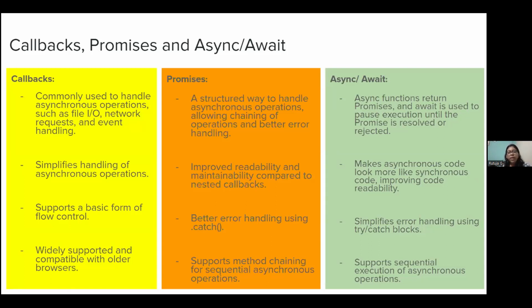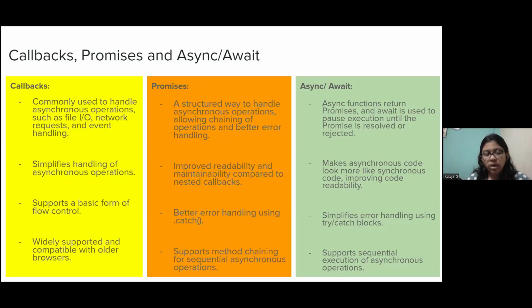When there is one callback, that's okay, but when there are multiple callbacks, it creates a sort of callback hell. That is the term: multiple callbacks embedded in each other, where a coder can go wrong while performing those callbacks.